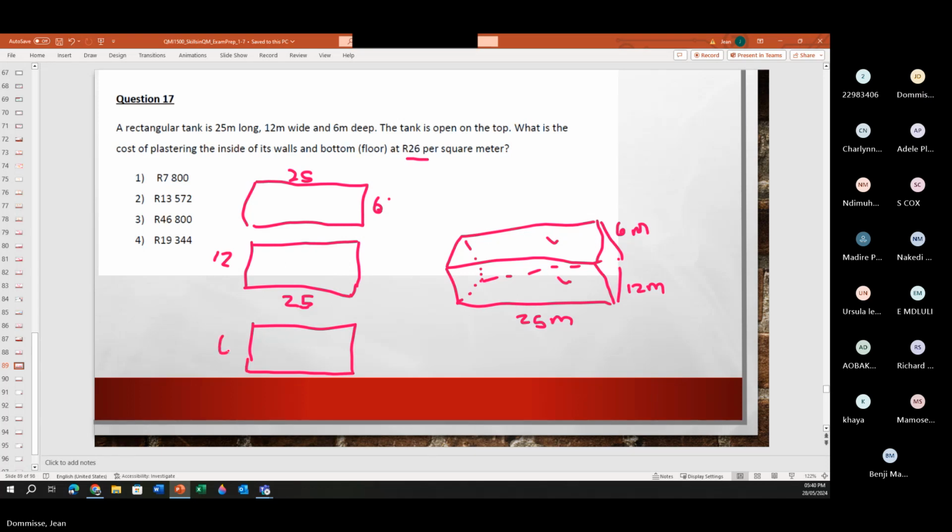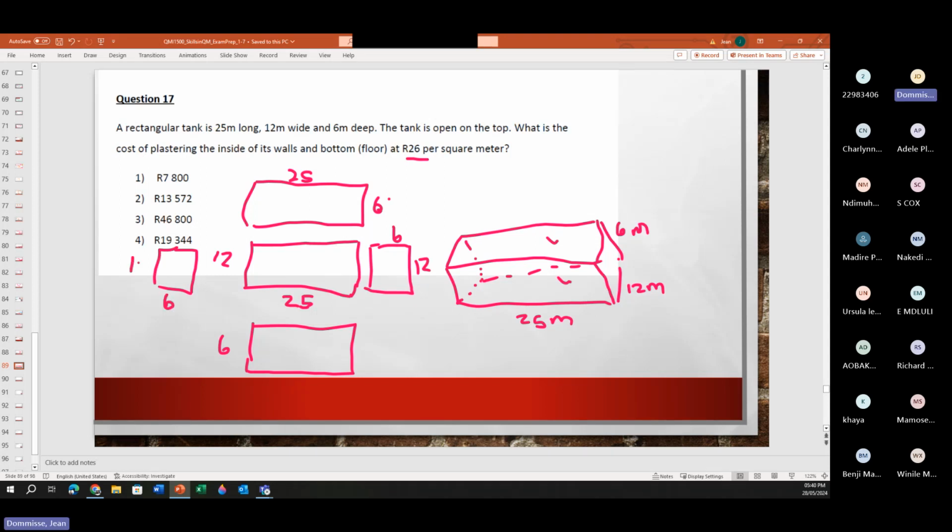Then we've got the two on the side. The 2 on the side is 12 times 6, and we have it on the other side as well, the same, 12 times 6.